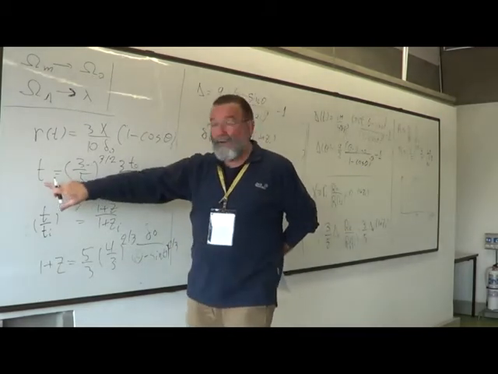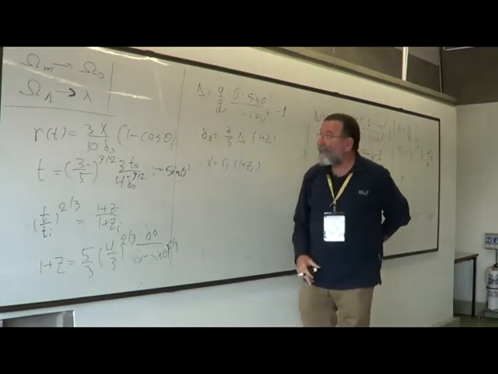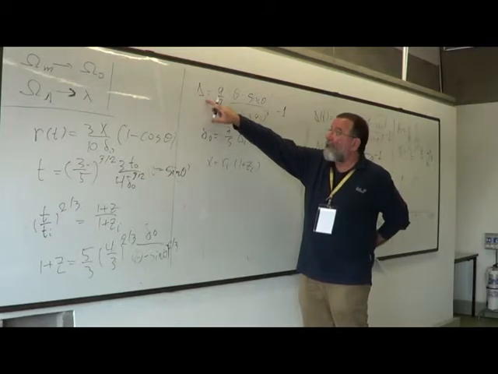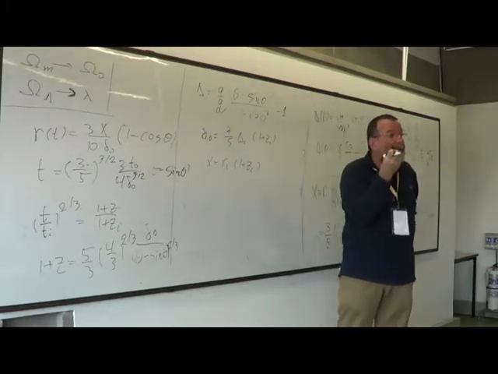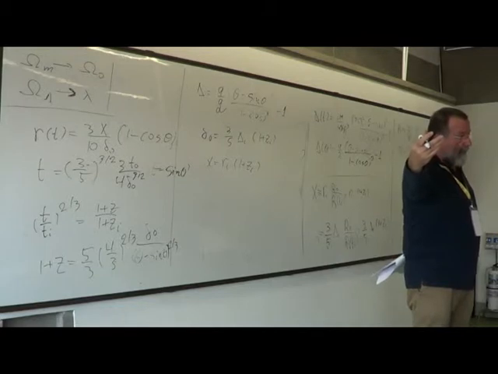Then I can find the time, the redshift, and so on. And for those given values, I also know delta, the overdensity of my perturbation with respect to the rest of the universe.